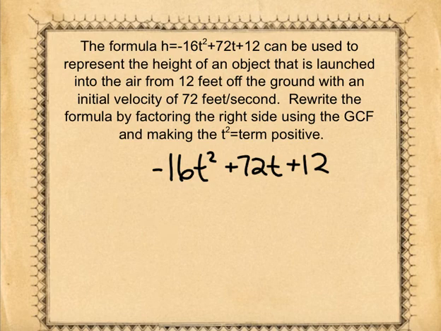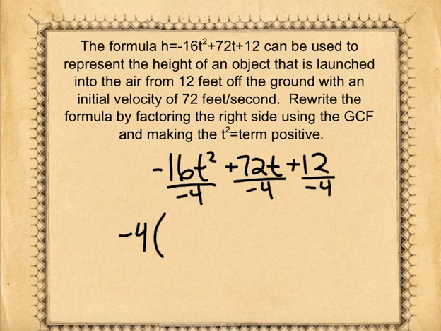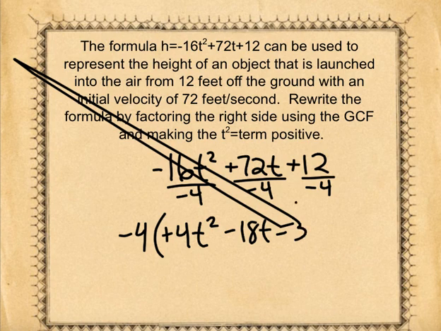Now I can't take out a t because 12 does not have a t involved, but I can take out a negative 4 from everything, which means my negative 4 is going on the outside, and I would say, okay, I get a positive 4t squared minus 18t minus 3. All right, and that would be our factored form.